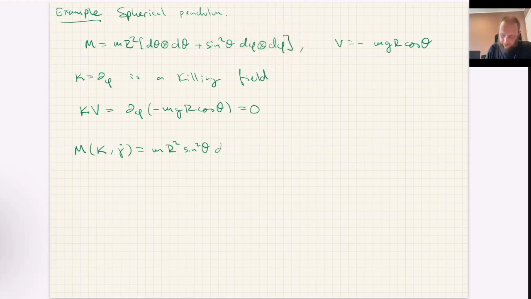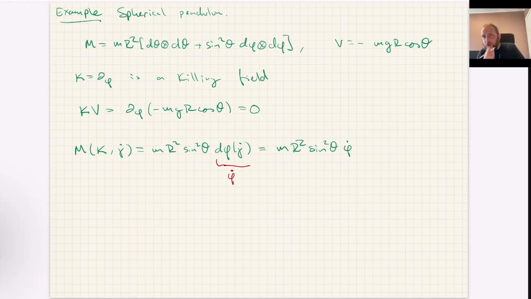So it's d phi gamma dot. But d phi gamma dot is just by definition phi dot. So what we get out of this is m r squared sine squared theta phi dot.